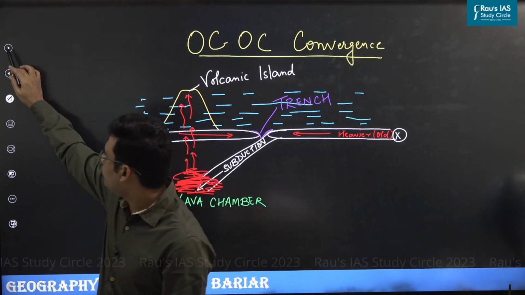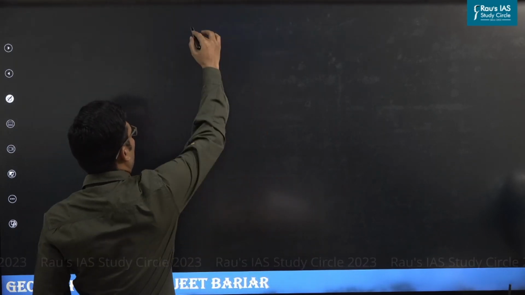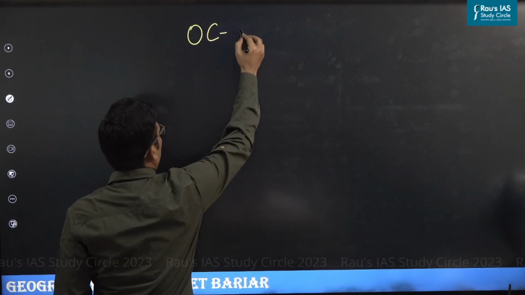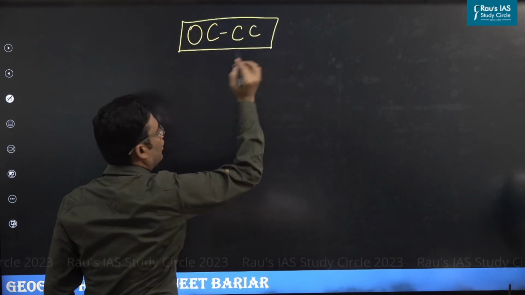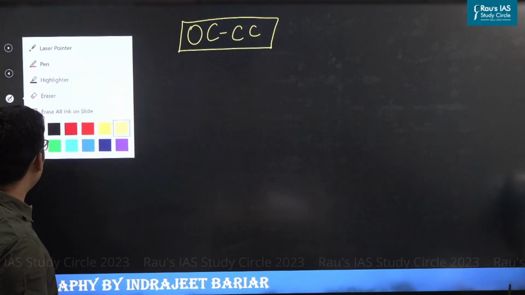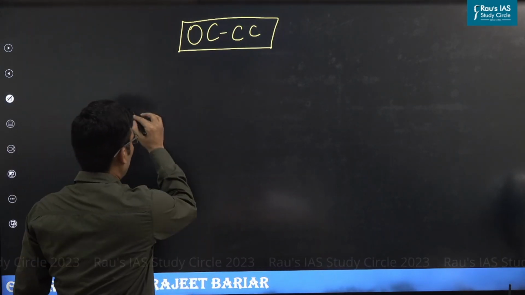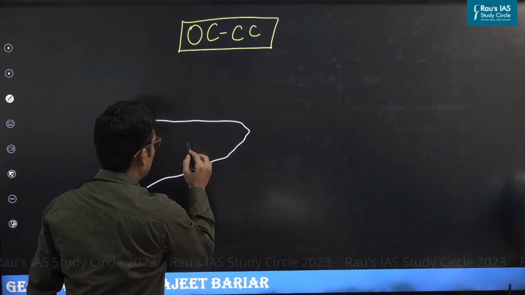Then second type of convergence now is what we can identify as OC-CC convergence. Now OC-CC convergence, one oceanic crust interacting with another continental crust. So what we will do is, first we are going to take up a continental crust.